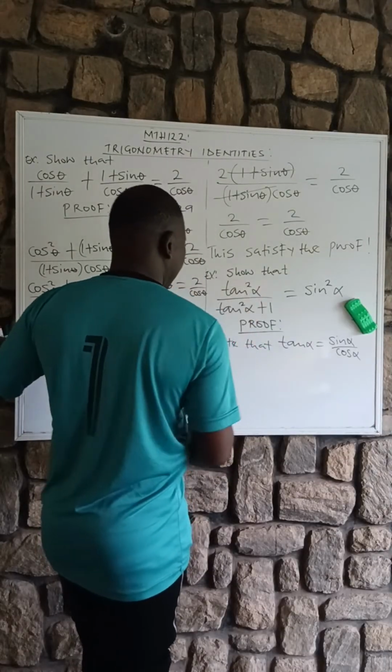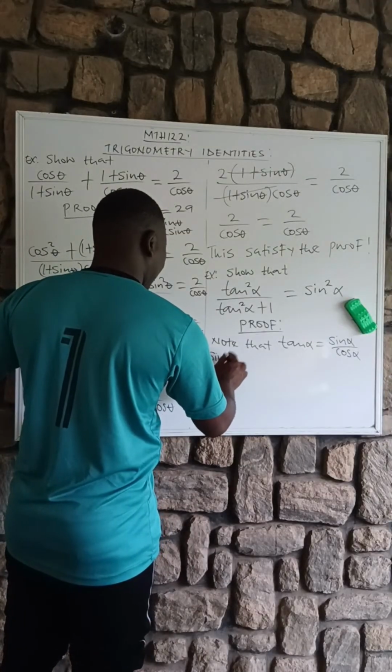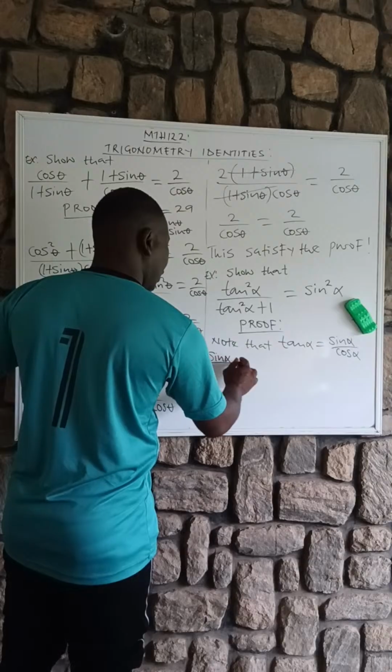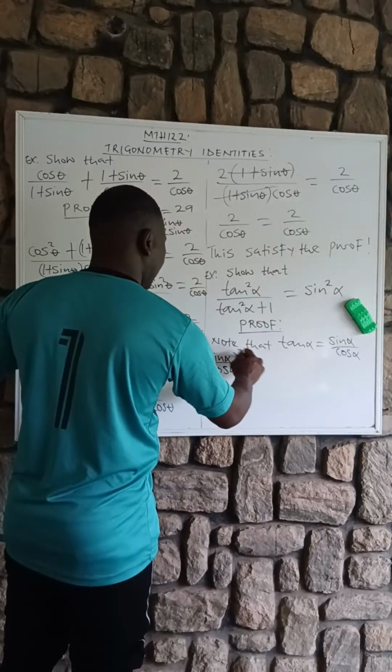So here will be sin alpha all over cos alpha, but tan is in square.